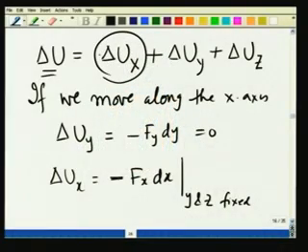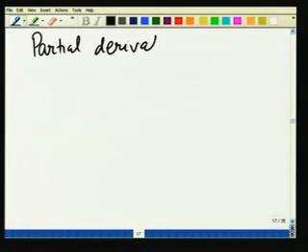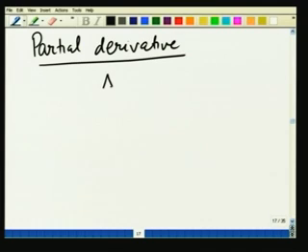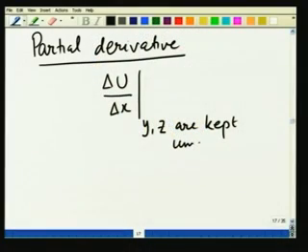Let me put a minus sign here because this is a force applied by us, and therefore, let me now define something called the partial derivative, which I will say is delta u over delta x, the partial derivative with respect to x when y and z are kept unchanged.